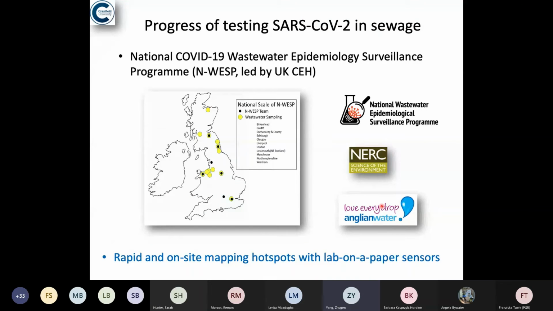We are working together with partners from Scotland, England, and Wales, and we are getting funding to support this study, associated with different organizations and water companies. Specifically, the Cranfield contribution is to deliver this origami diagnostic method for on-site mapping of these hotspots.